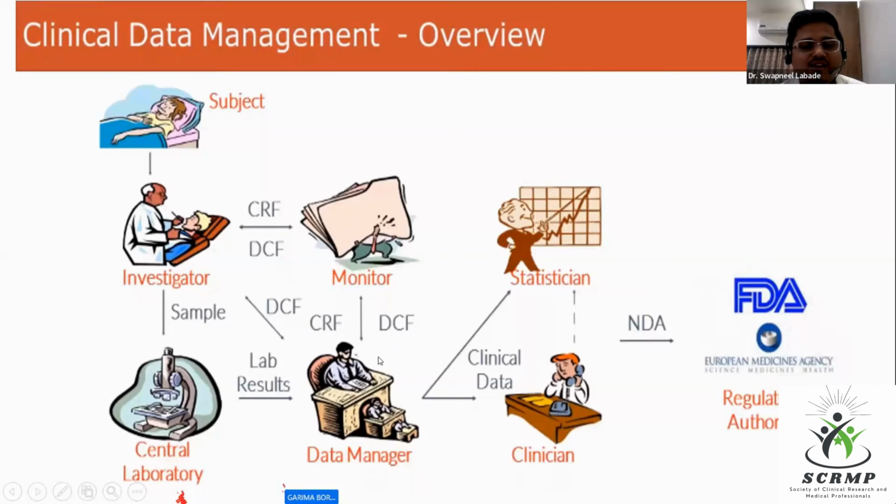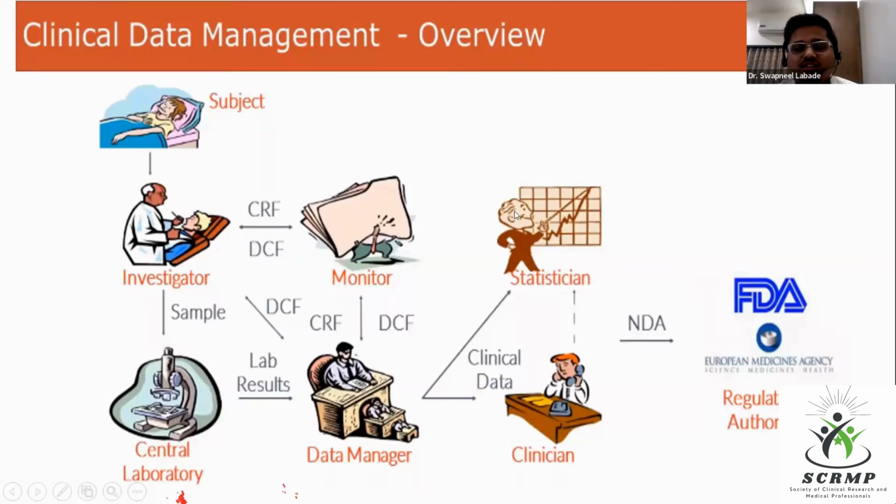If the clinical data manager thinks that more clarification is required, that there is some discrepancy or issue in the data, then the request will be sent back to the request initiator, which can be the monitor, the study investigator, or the laboratory. Once the data manager finalizes the data and it is clean, they send it to the statistical team for their analysis.